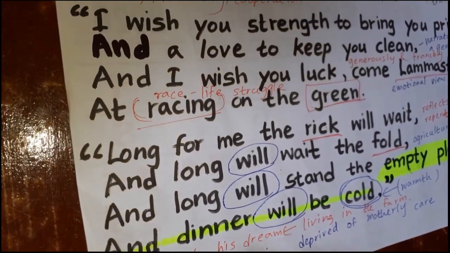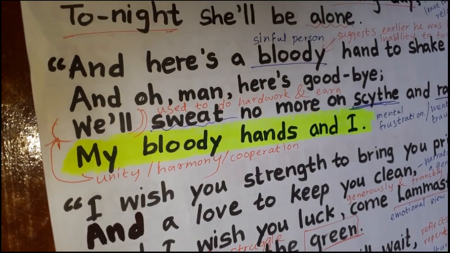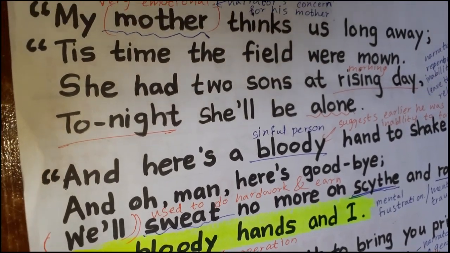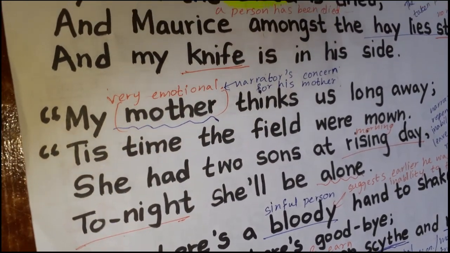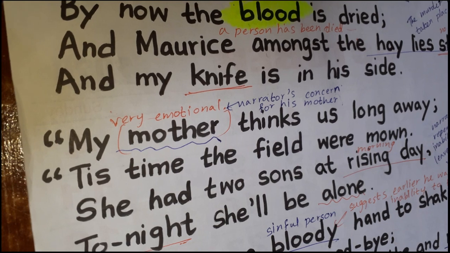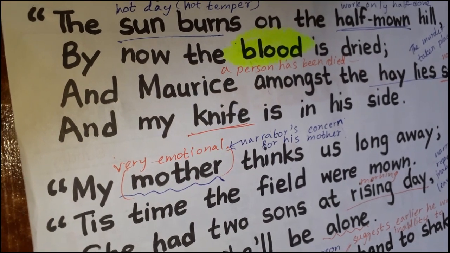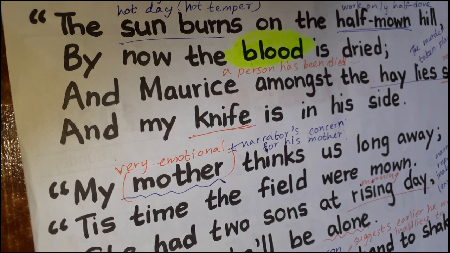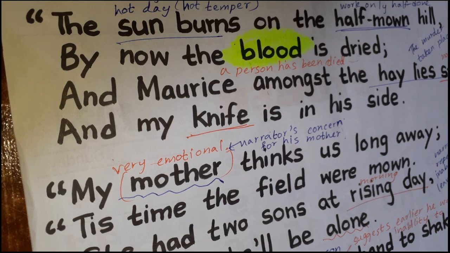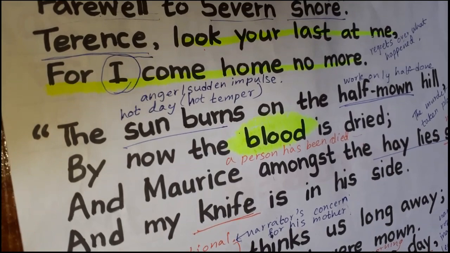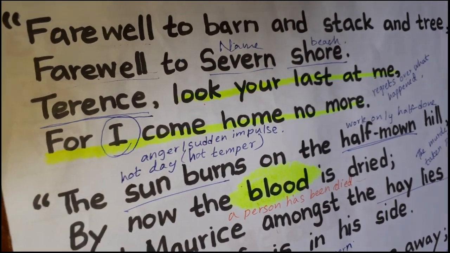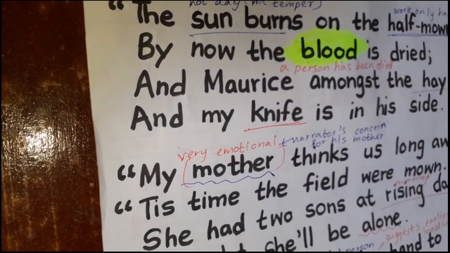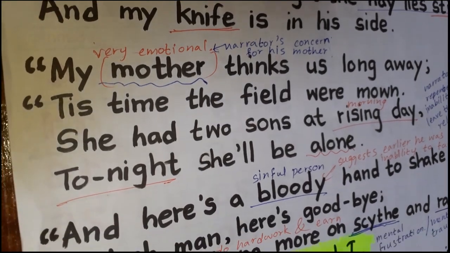So the significant thing here is the narrator has created emotions in readers as well. Now, as I told you, if we feel that a person has done something wrong, has killed his own brother, we have very aggressive feelings towards the murderer. But here the narrator very effectively brings out some emotional thoughts towards this narrator who has committed the murder, because he emphatically suggests that this has happened due to sudden impulse.